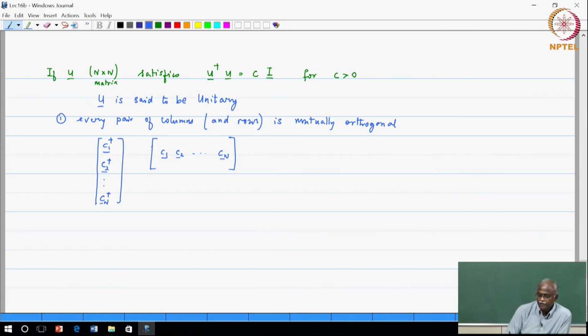Now, C1 dagger times C1 becomes identity or some scale factor. C1 dagger times C2 is 0. So, basically you can see how this will manifest itself as some constant times the identity matrix. Okay, and similarly you can show it for the rows as well.